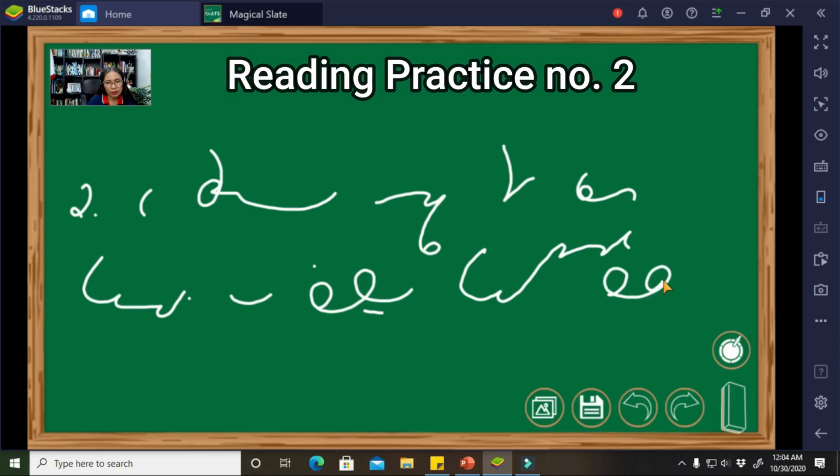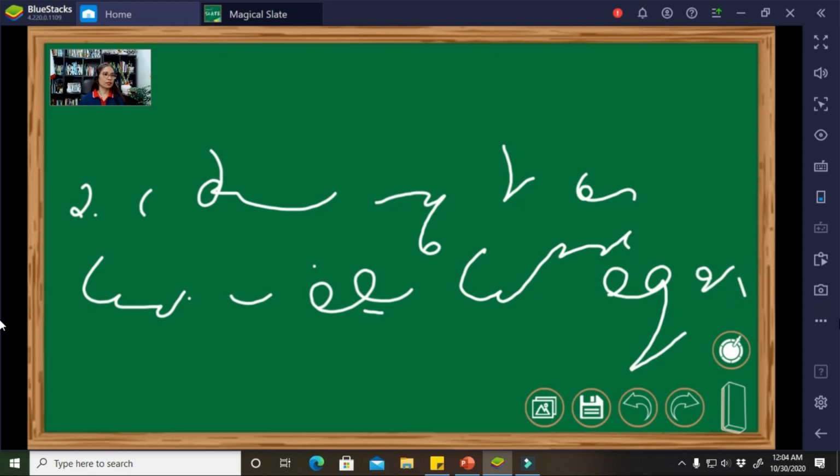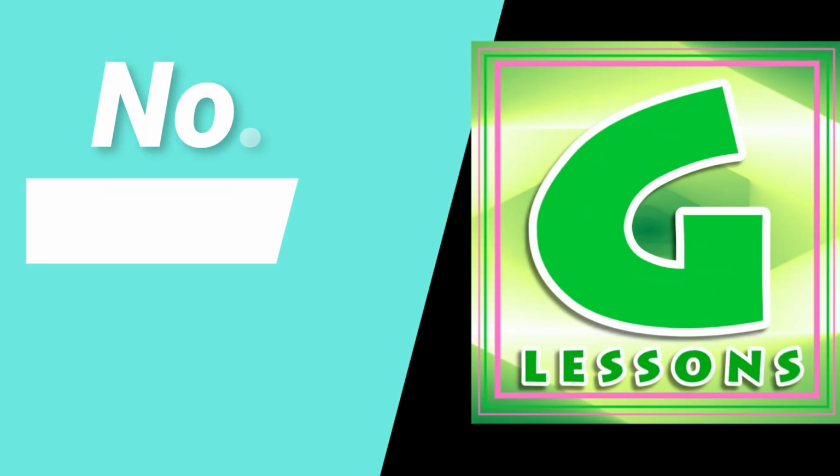Alright, it's a broken circle, then a downward curved. Then, okay. And this is the last word. And a dot. There. That is your second sentence.